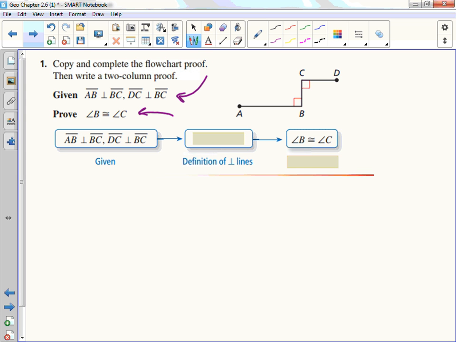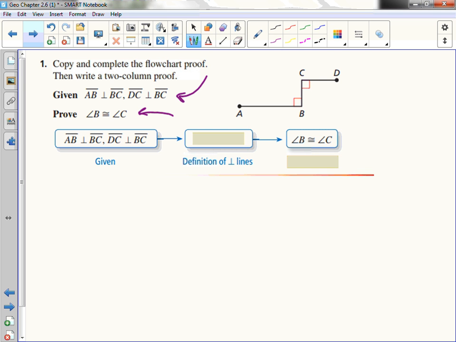Perpendicular. So we're saying segment AB is perpendicular to BC, and DC is perpendicular to BC. And lines that are perpendicular form what? They cross and make what kind of angles? Right angles. They cross at right angles, yes? So that's kind of helpful.